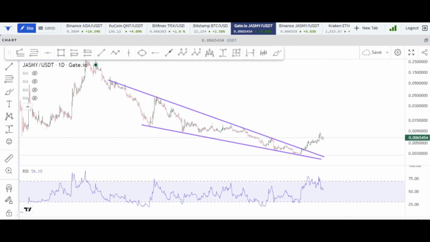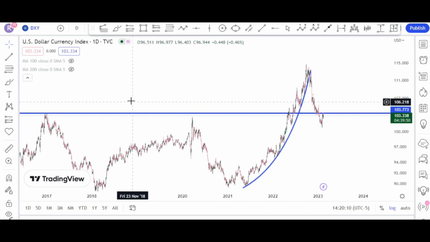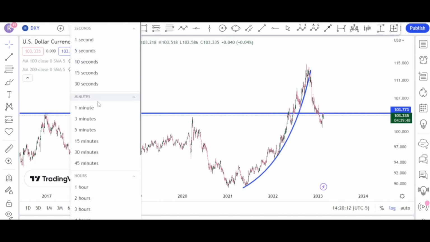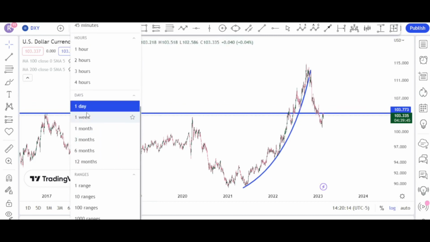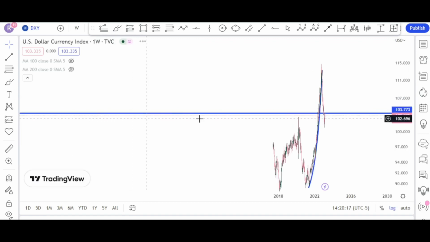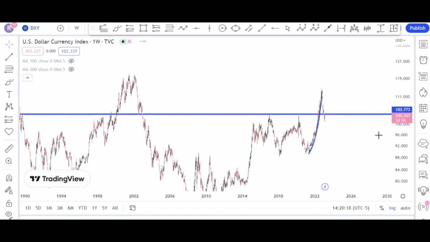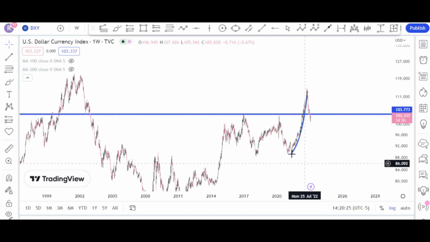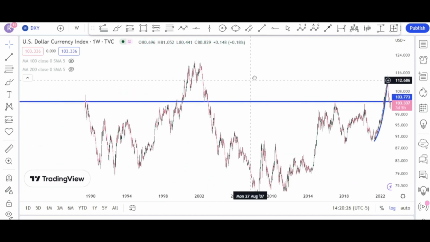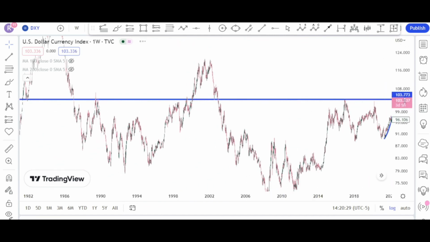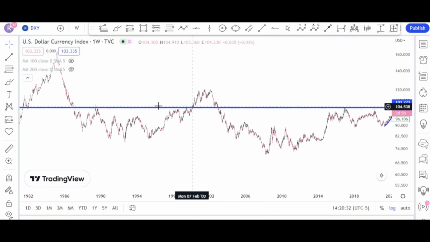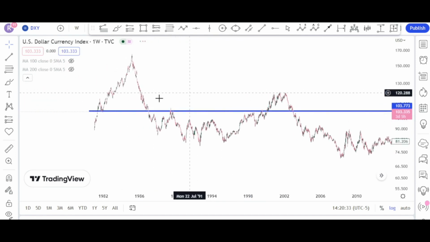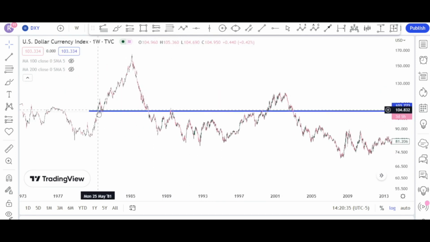So looking at other market conditions, we're looking at the DXY last week and the previous week. Obviously, on a weekly time frame, this is the single most important line on the DXY. Something like 103.77 or 104 basically was the single most important line on this price, because you can see that it acts as massive support or resistance, going as far back as the 80s.